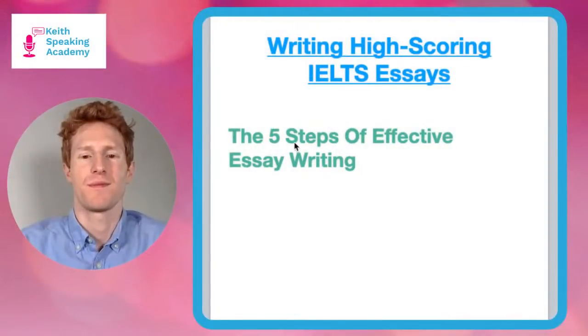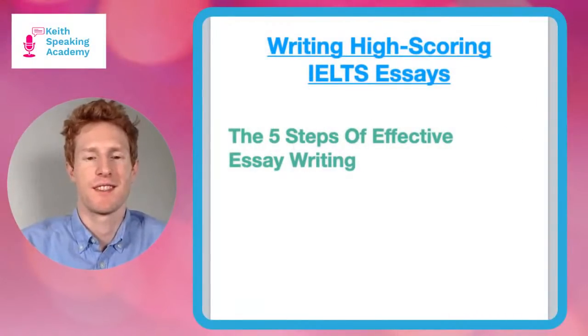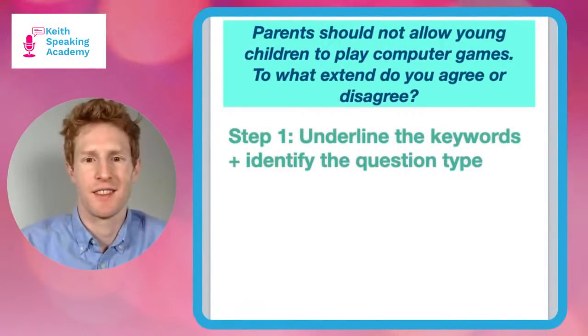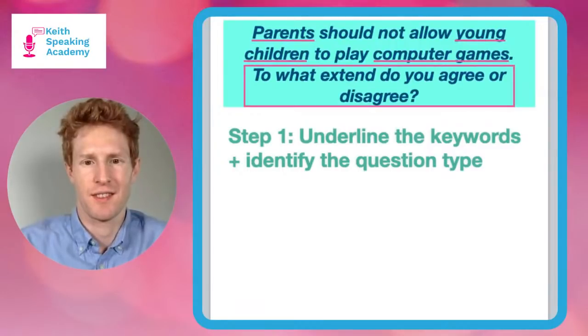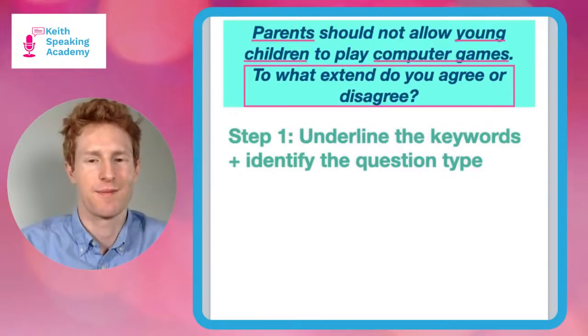The essay we've been looking at is, let me just share this with you. I'll just go back a little bit. So bear with me. We have been looking at the 5 steps of effective essay writing. We've been looking at underlining the keywords, right, to identify the question type. We did that at the start.